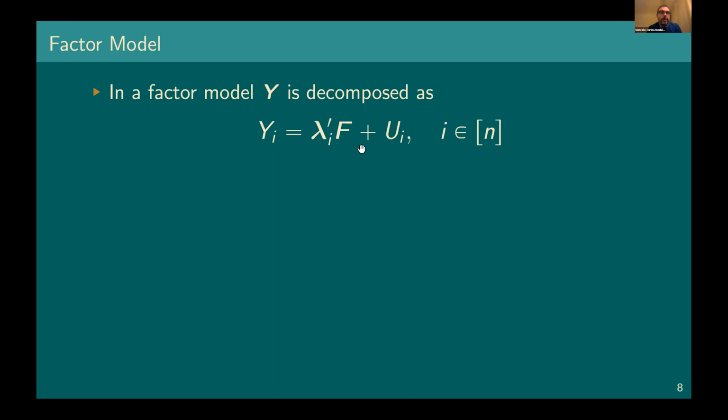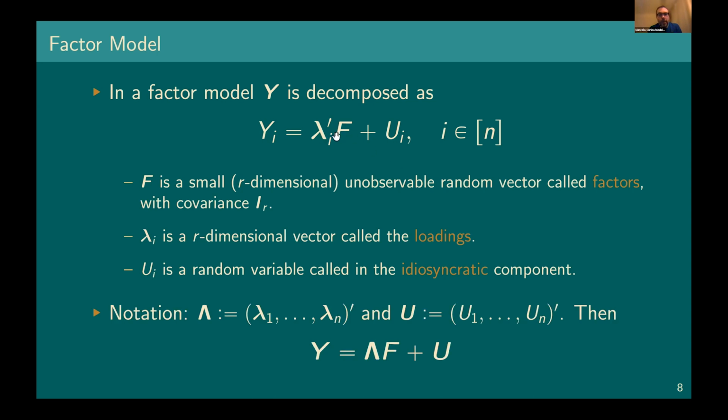Okay, and for this model to be identified, we put some restrictions on the factors based on the covariance matrix of the factors. Usually we assume that the covariance matrix of the factors is an identity. Okay. We have some restrictions on the lambdas, and we may or may not have restrictions on U, depending on the factor model that we are considering, right? So we call lambda the loadings, and U the idiosyncratic terms, okay?